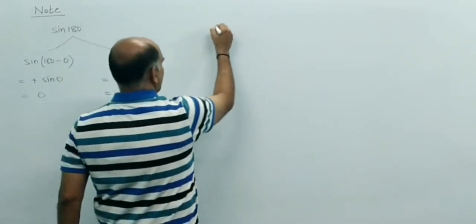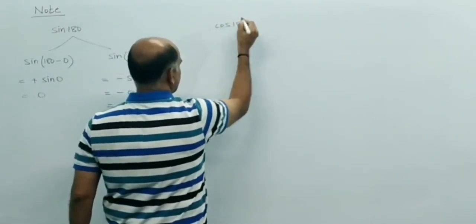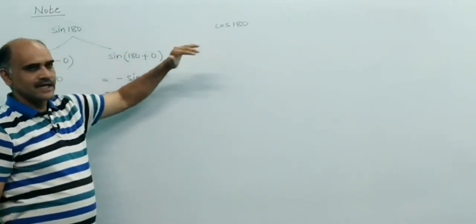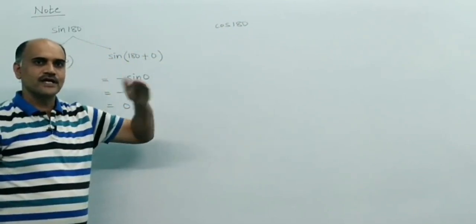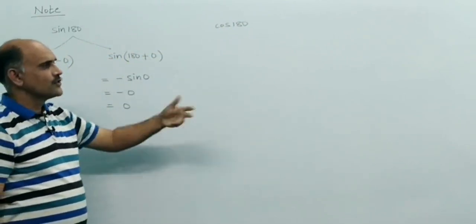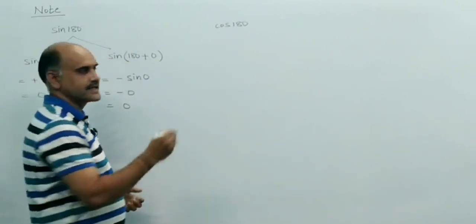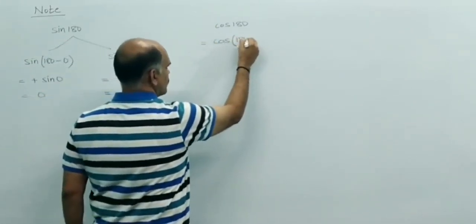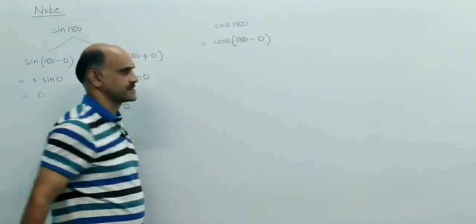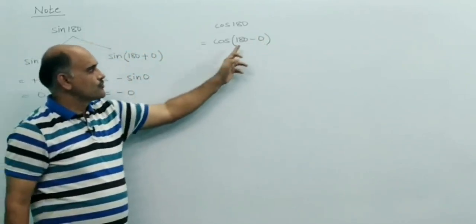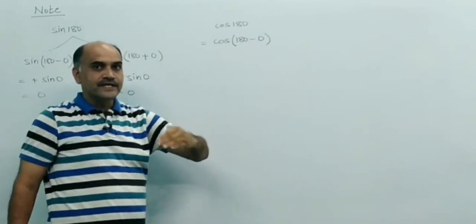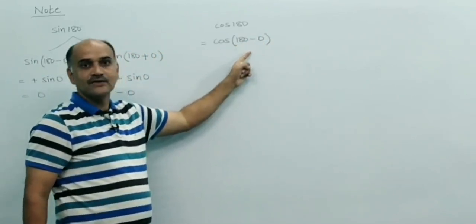Similarly, if you take cos 180, you can write it as 180 plus 0 or 180 minus 0. You can take whichever you want. I will take cos of 180 minus 0. 180 minus means less than 180, and if it is less than 180, it is in the second quadrant.